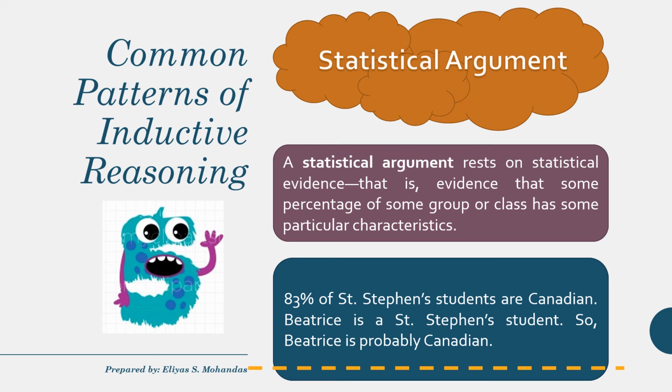So that is why we use the word probably, but that is not the focus. The focus here is when you have a statistic and your conclusion is derived from that statistic, the whole argument is called statistical argument. And a statistical argument stands a chance of being an inductive argument.